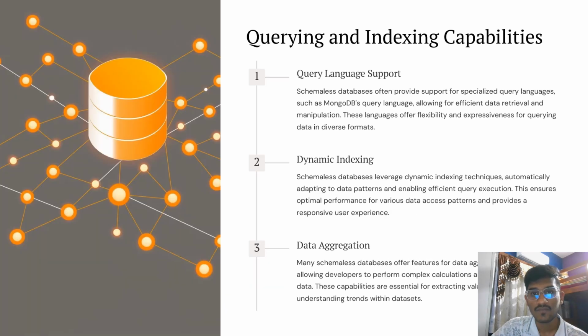Next, we have querying and indexing capabilities. Query language support: it supports specialized query languages, such as MongoDB query, and it efficiently retrieves and manipulates data. And dynamic indexing: based on dynamic indexing techniques, it automatically adapts to various data patterns, and also easily updates data with the help of dynamic indexing.